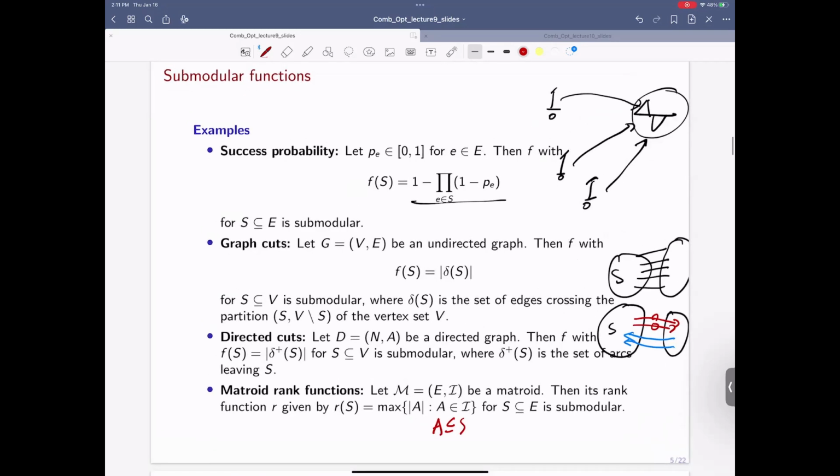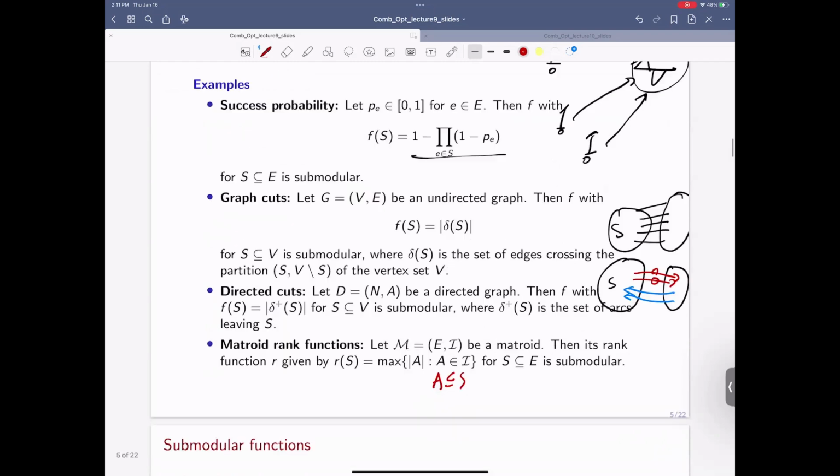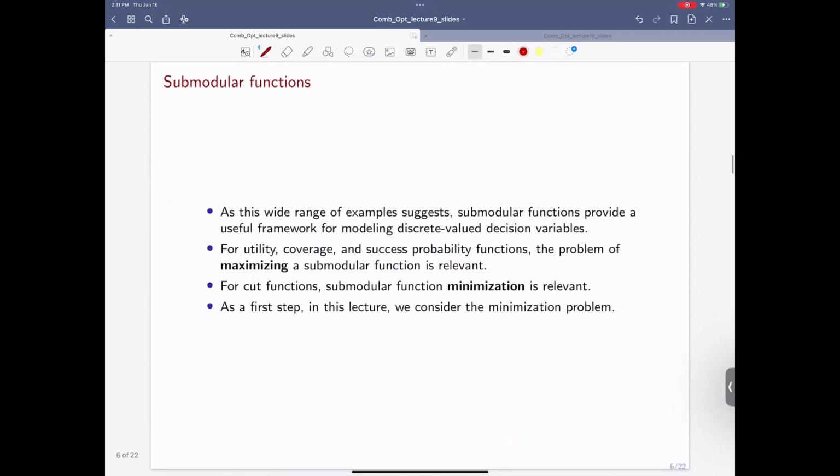So these are examples of submodular functions. It can naturally capture some nonlinear properties of your problems, not just linear functions. And if you imagine utility, coverage, and success probability functions, then you want to maximize such a function. So in economics, I want to achieve as much utility as possible.